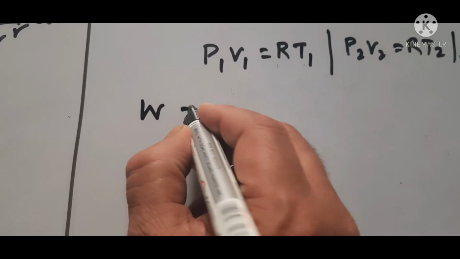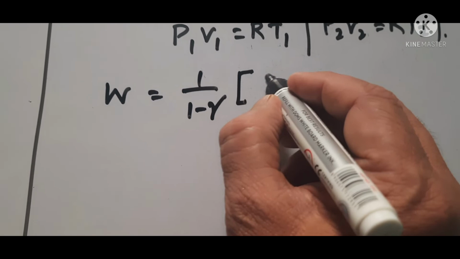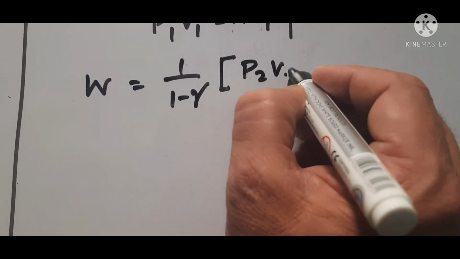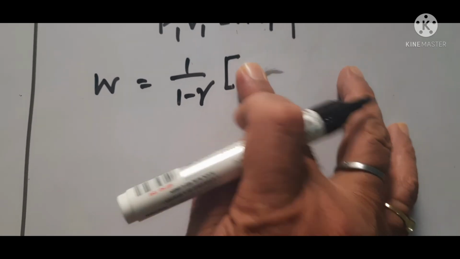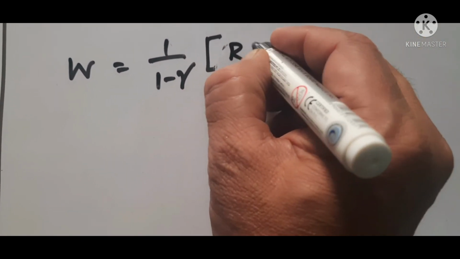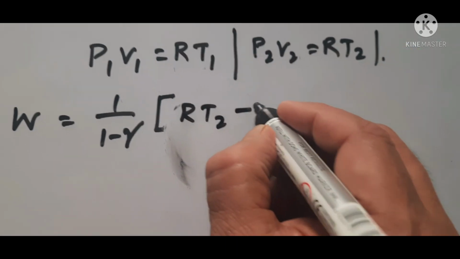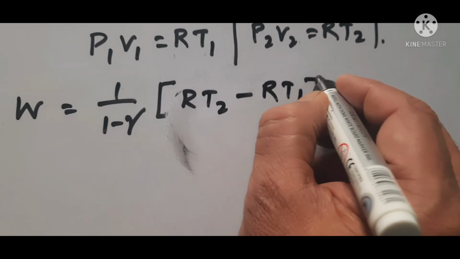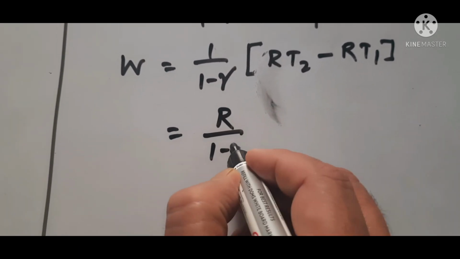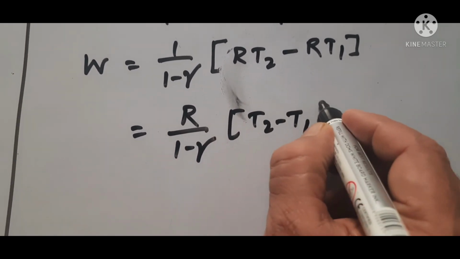So another form we are getting: 1 by 1 minus gamma within bracket P2 V2, in place of P2 V2 we are writing R T2, minus P1 V1, we are writing R T1, is equal to R, constant, R by 1 minus gamma, T2 minus T1.